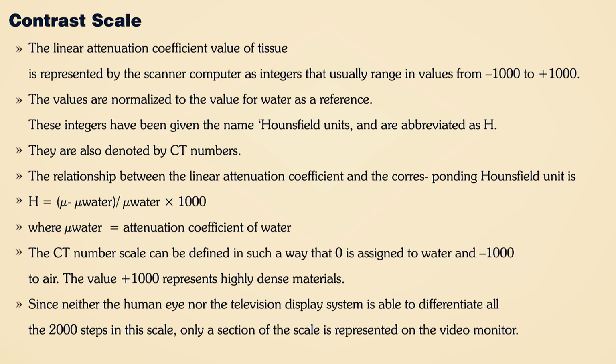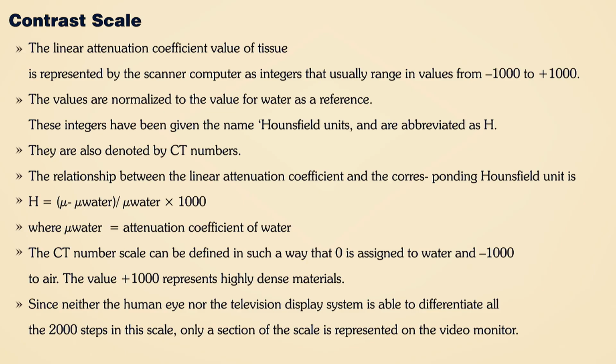The value plus 1000 represents highly dense materials. Since neither the human eye nor the television display system is able to differentiate all the 2000 steps in this scale, only a section of the scale is represented on the video monitor.